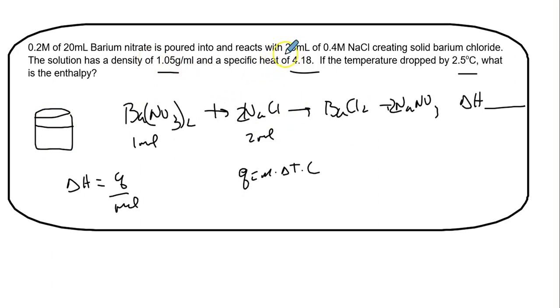We got 25 plus 20, that's 45 milliliters, so get rid of milliliters and go to grams. 1 milliliter is 1.05 grams. 45 times 1.05 equals 47.25 grams. So this is about 47.2 grams.